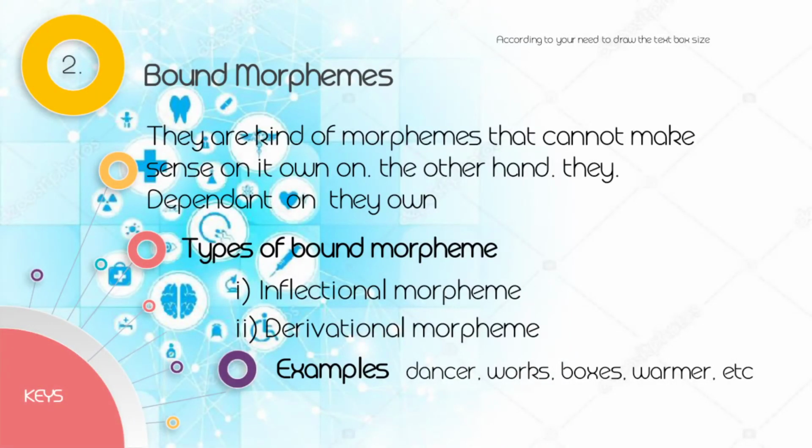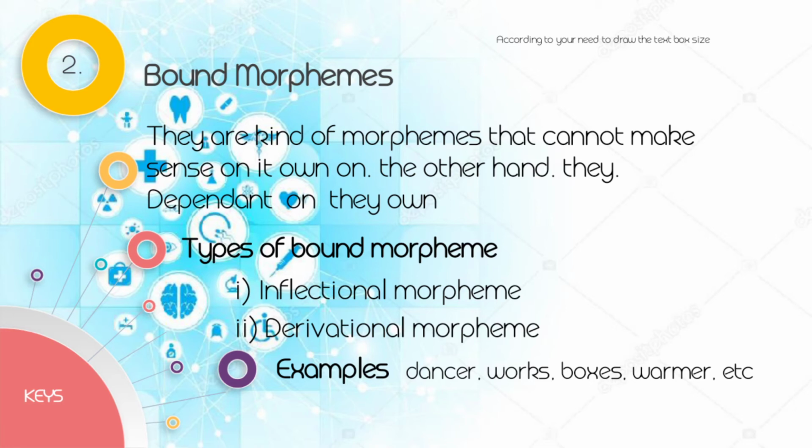Let's go on. We move to the bound morphemes. They are a kind of morpheme that cannot make sense on its own. On the other hand, they are dependent on other words. Under the bound morphemes, we have types of morphemes.